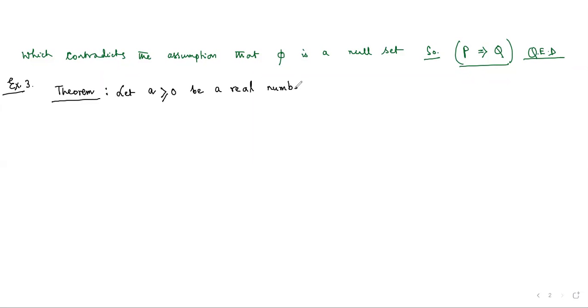Let A greater than or equal to 0 be a real number. If for every epsilon greater than 0 we have 0 less than or equal to A less than epsilon, then A is equal to 0.